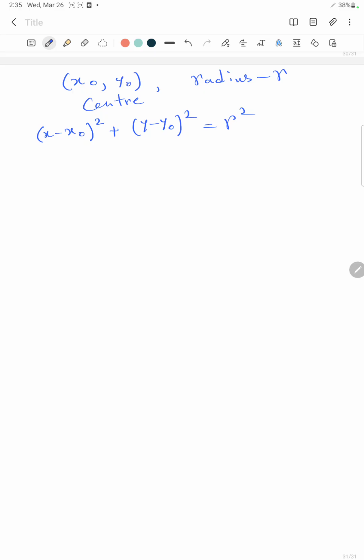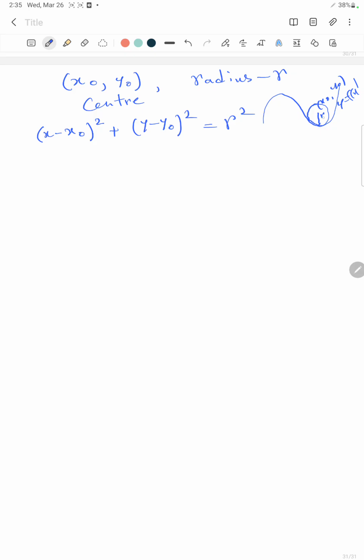The essential fact is that if you look at the picture that I previously drew, there is a curve y equal to f(x) and there is a circle, so there is the radius r, and (x0, y0) is the center.